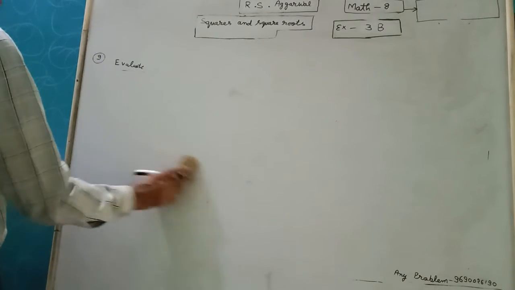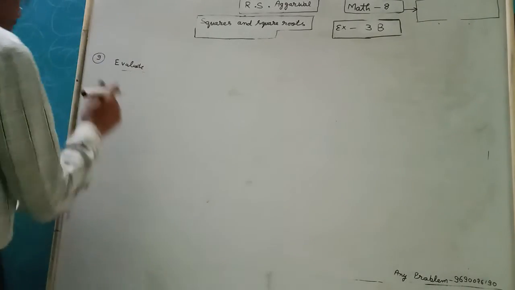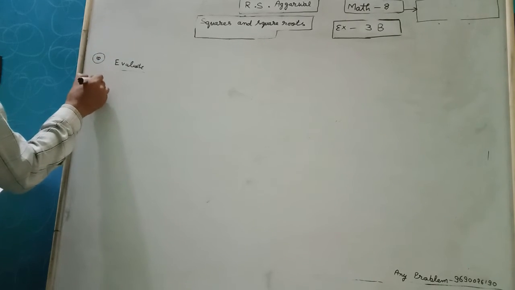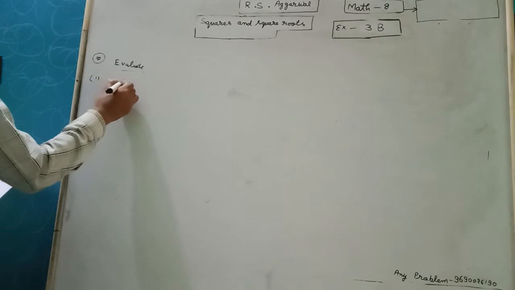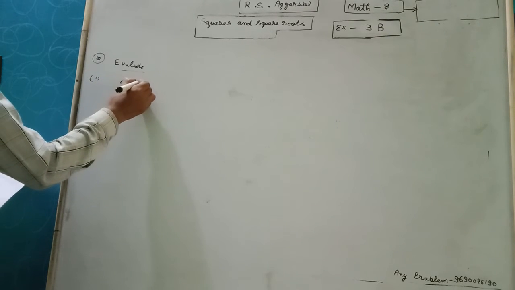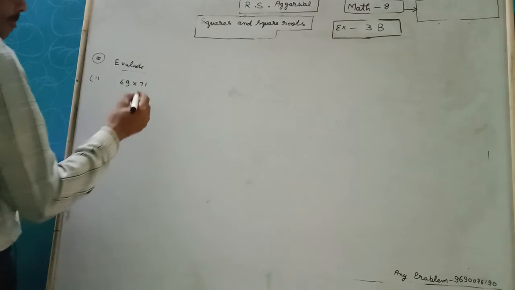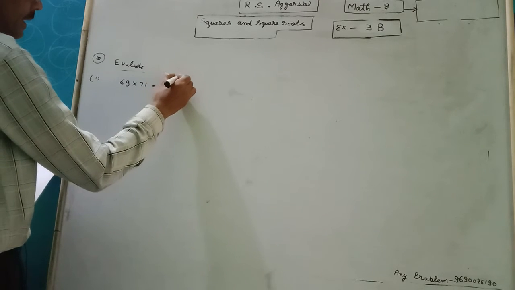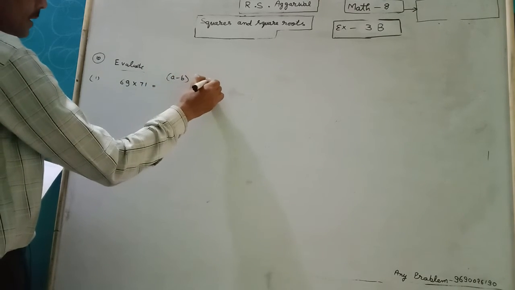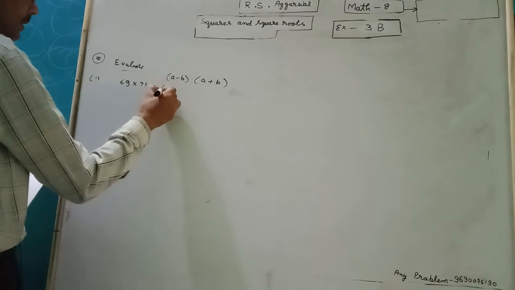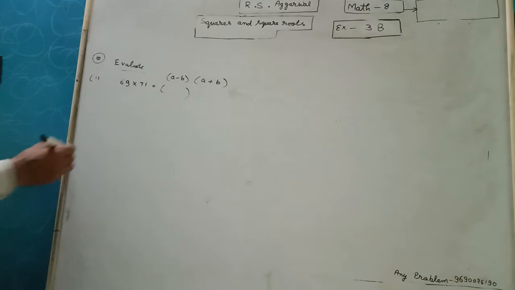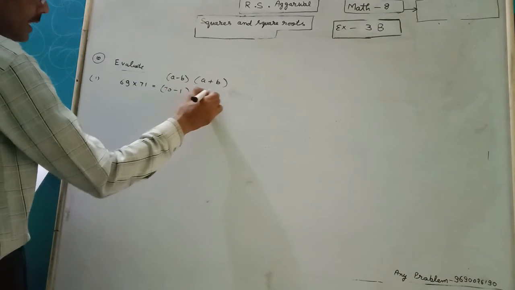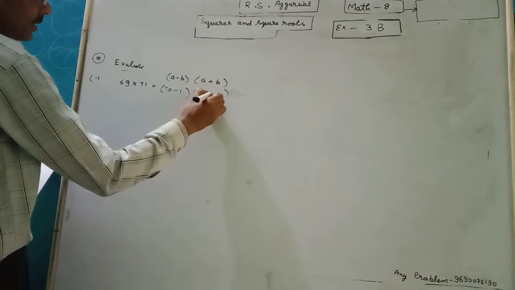Question number 10, first part. Numbers given are 69 into 71. A minus B and A plus B: write 69 as 70 minus 1 and 71 as 70 plus 1.